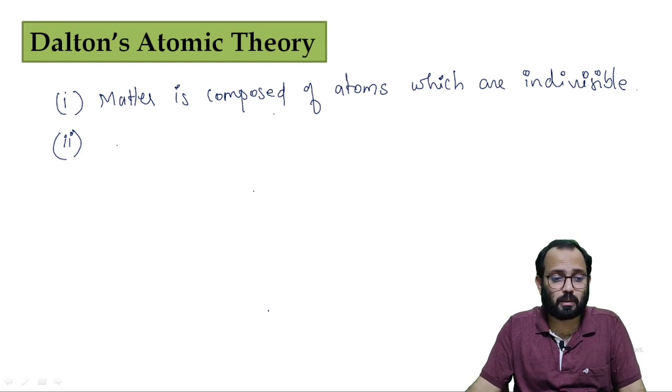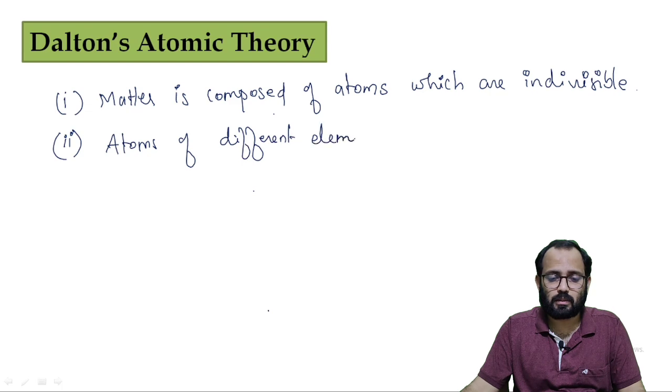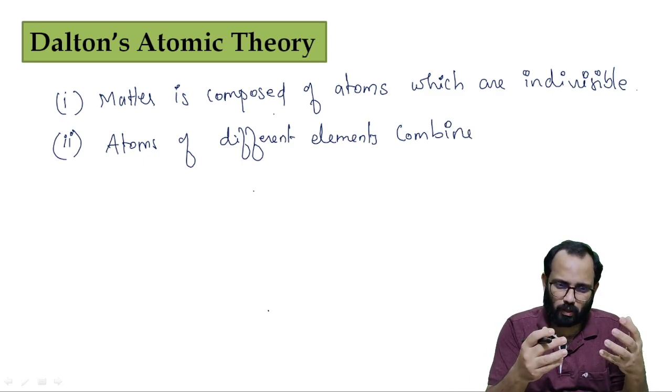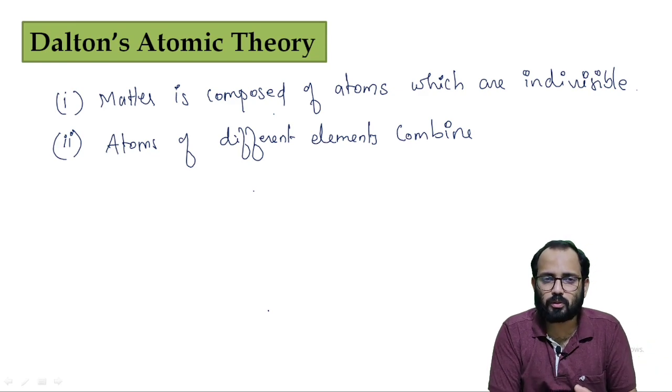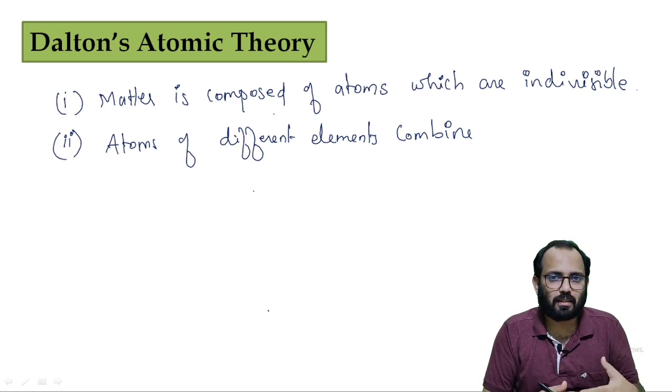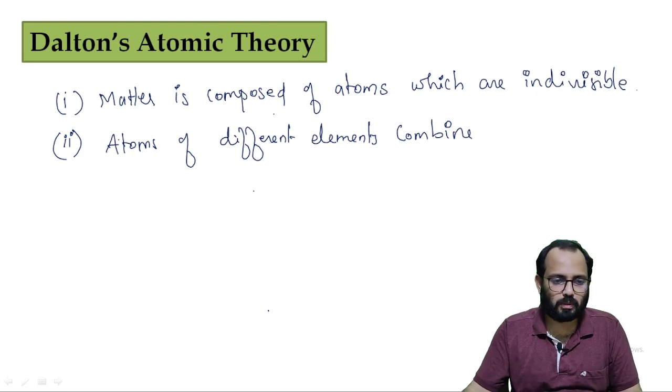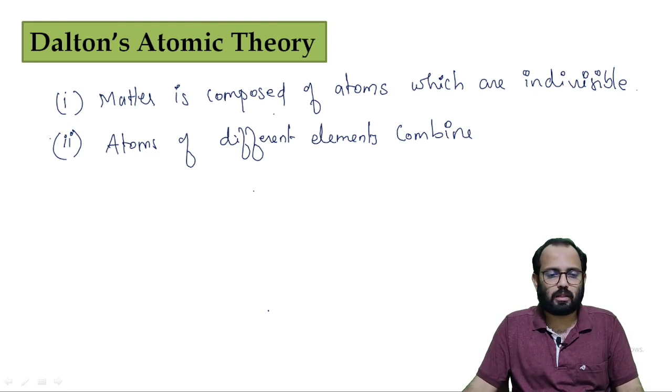But how can atoms combine? Atoms of different elements combine to form molecules. That is what Dalton is telling. But we know a lot of postulates went wrong because science keeps developing, so we got many assumptions wrong, but still this is the first theory about the atom.